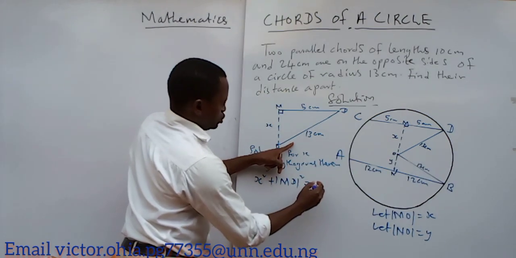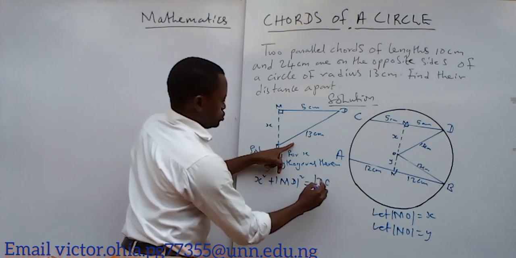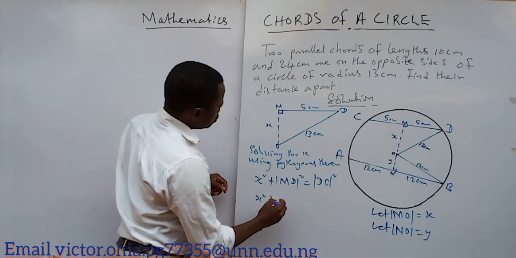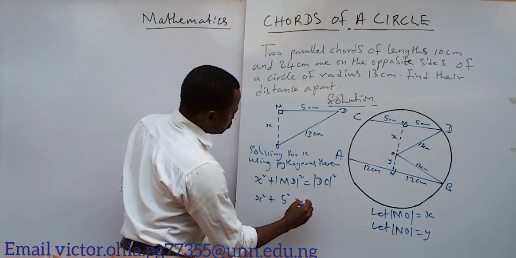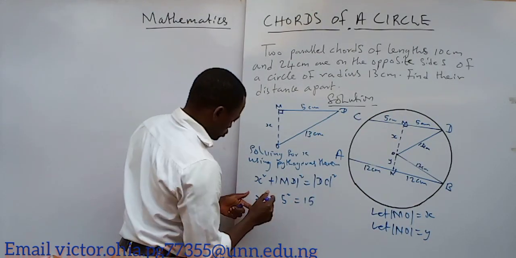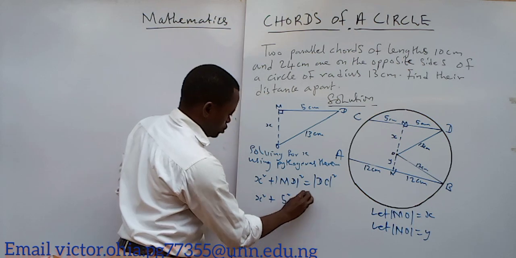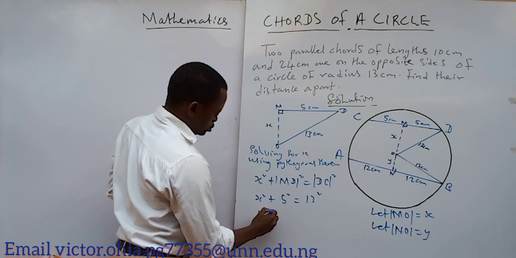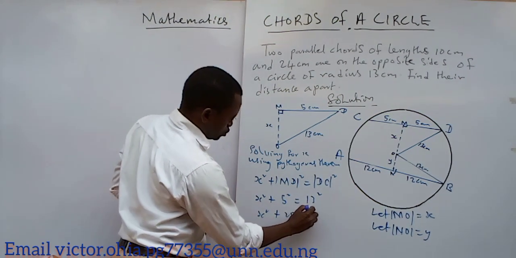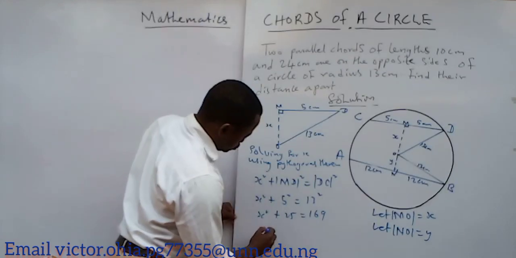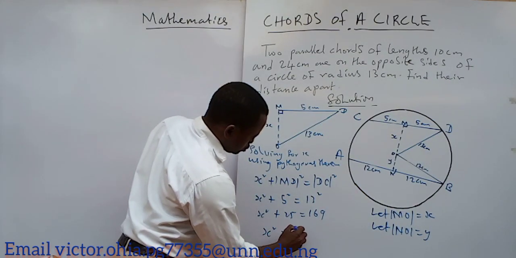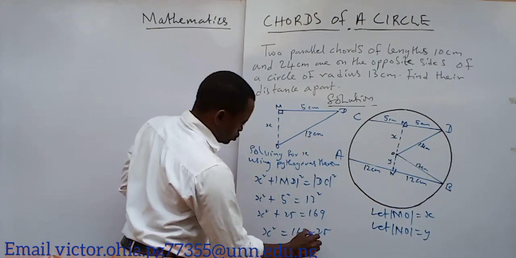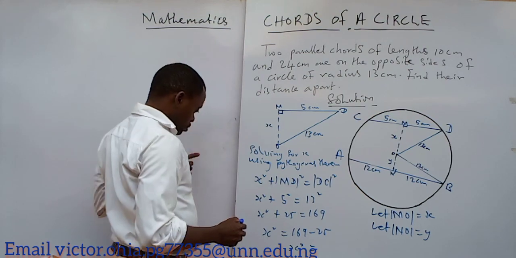The hypotenuse is DO squared. So we have x squared plus 5 squared equals 13 squared. So this is x squared plus 25 equals 169. So we have x squared equals 169 minus 25.